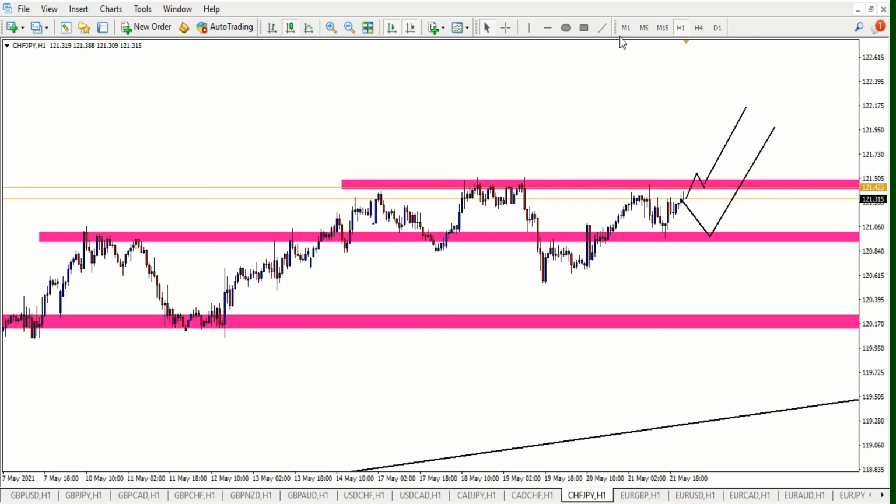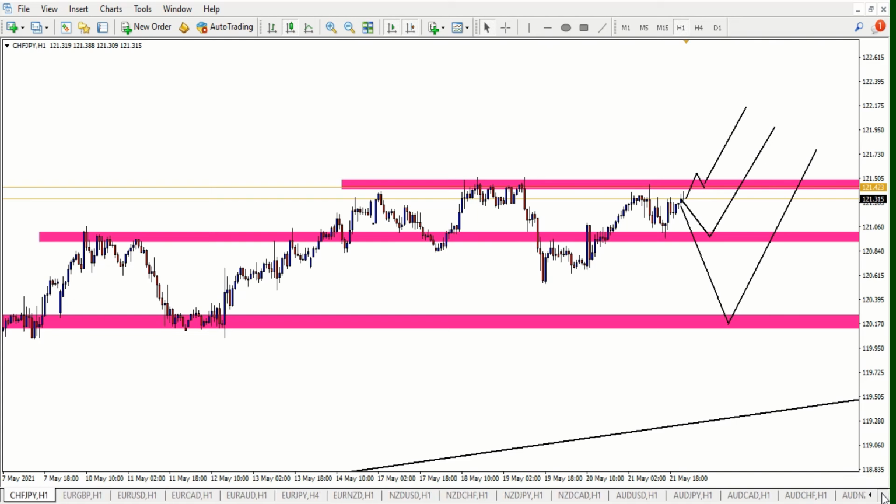Or the other alternative is obviously if it goes all the way back down to this support and then makes its way back up. So that's what we're looking for on the CHF, Swiss franc, and the Japanese yen.